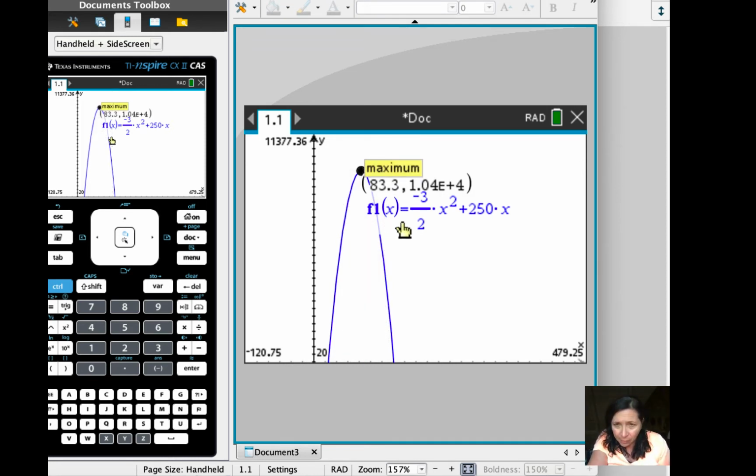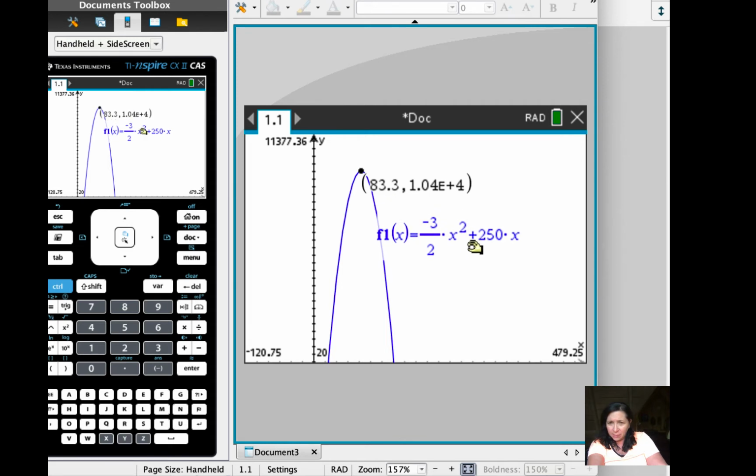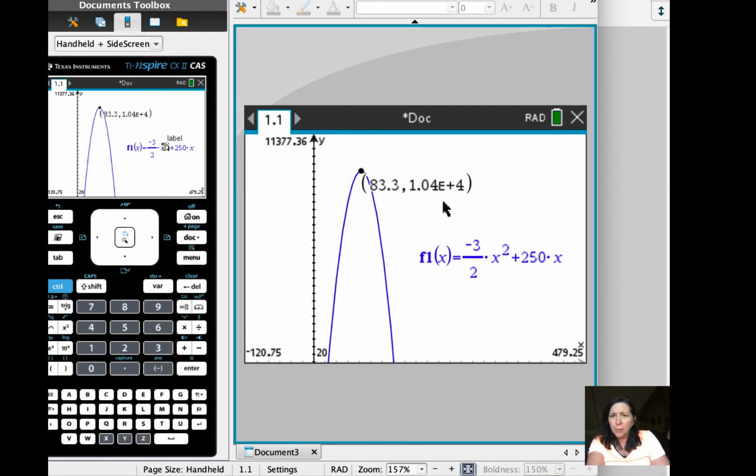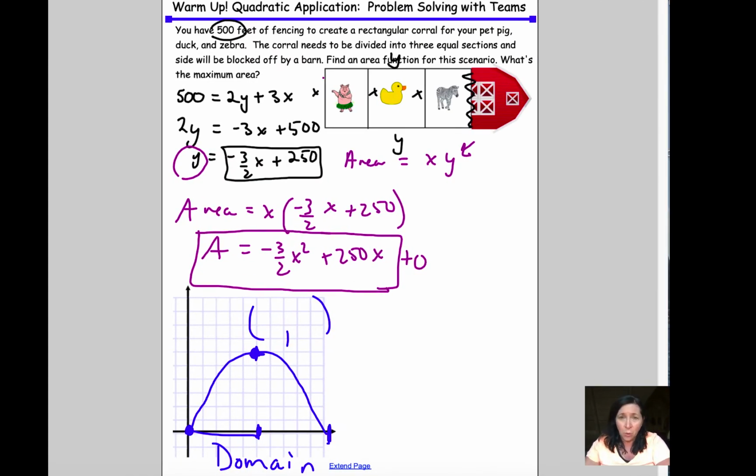find that maximum point. It does tell me that it looks like 83.3 comma 1.04 times 10 to the fourth power. That's what that means. Let me move this out of the way. 1.04 times 10 to the fourth power. So what that means in reality is this.